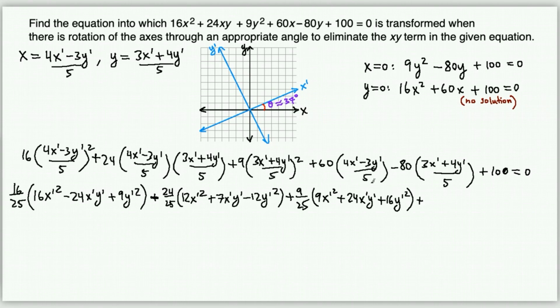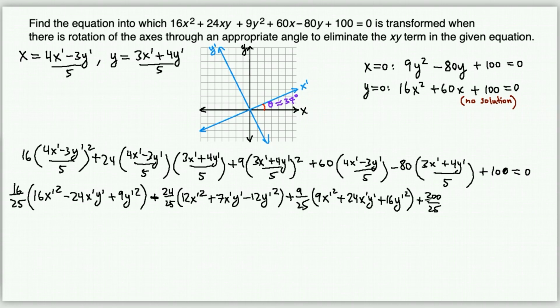Plus, now how do we get this to be 25? If we multiply this by 5, we can do the same thing on the top. So as a result, 5 times 60 is 300, so 300 over 25. You see how that's done? 5 times 5, so that I get a 25 in the bottom, but then the top has to be multiplied by 5 as well. Otherwise, it's not going to be algebraically true.